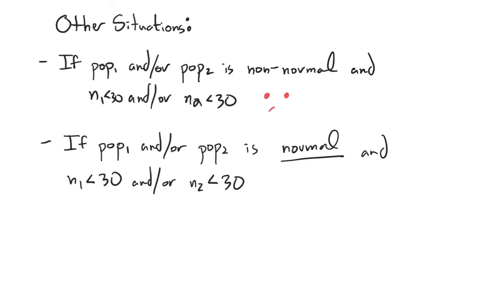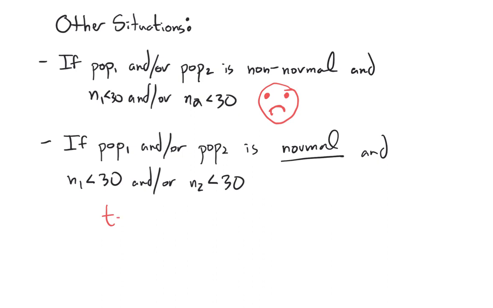And by give up, I don't mean actually give up. I do mean that we have to use statistical techniques that are not going to be covered in this class. So you'd go out and look that up, or maybe contact a statistician who has a little more statistical knowledge.